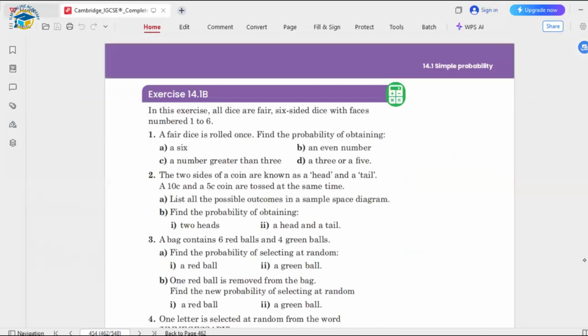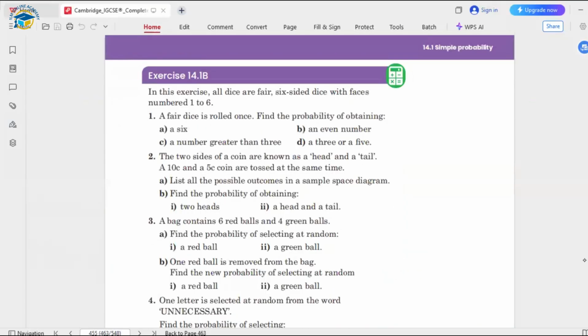So let's work on exercise 14.1b. In the first question, they're saying that in this exercise, all dice are fair six-sided dice with faces numbered 1 to 6. Whenever they talk about a fair dice, you need to consider a six-sided dice with numbers from 1 up to 6. So starting with the first question, a fair six-sided dice is rolled once, and we need to find the probabilities.